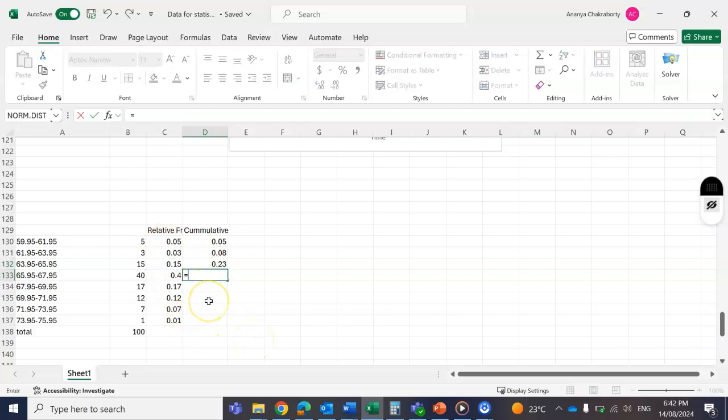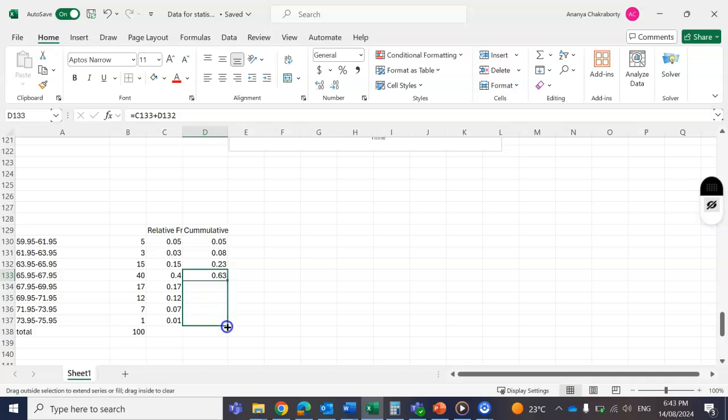In the same way for the fourth one, we calculate the current one plus the previous one. The previous one, this 0.23, is the addition of the first, second and third. So we can click this and that will give the result, and then you can just drag and it will calculate.